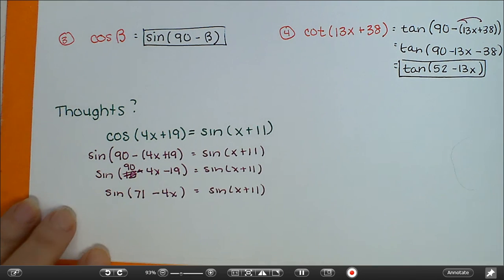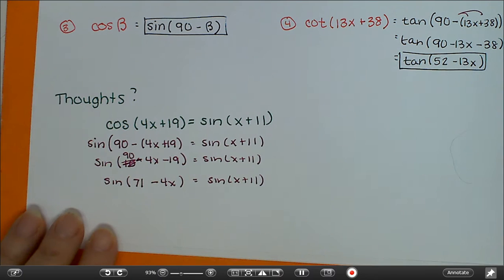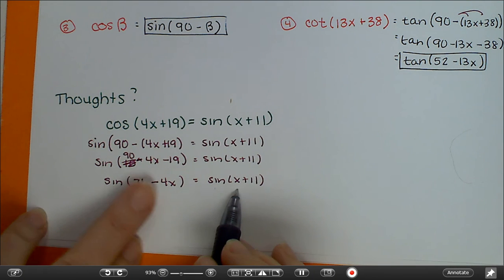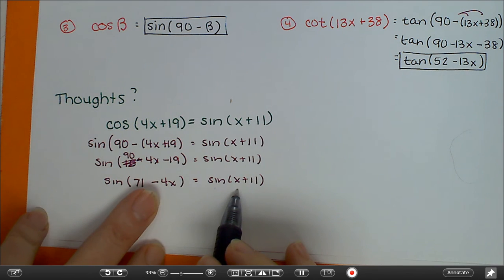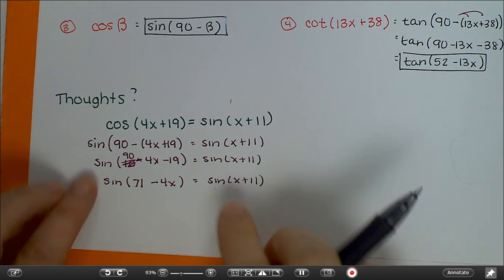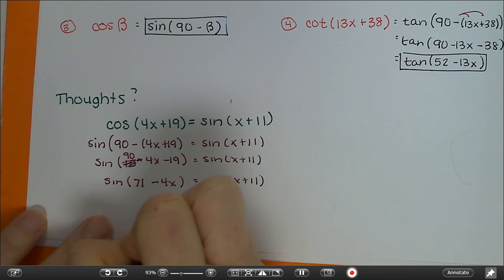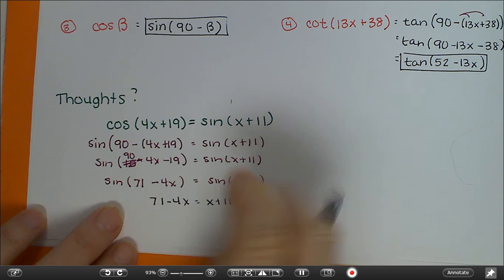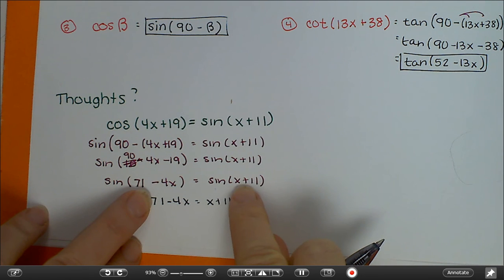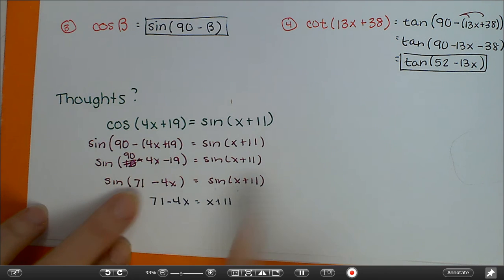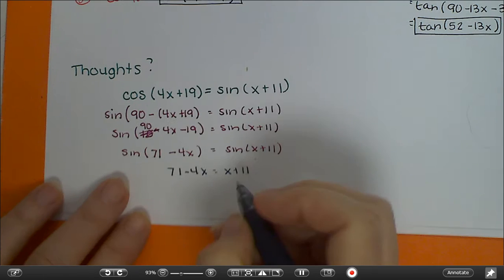And here's where that little switch in thinking has to happen. You need to be like, okay, so now these are both sine of an angle, and they're equal to each other, which means that this angle and this angle have to be the same. So we can essentially drop the sine and solve the resulting equation. These angles have to be the same because sines of the same angles are congruent. And then we're going to solve that.